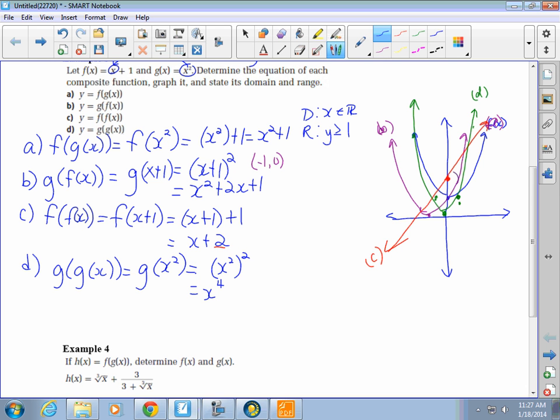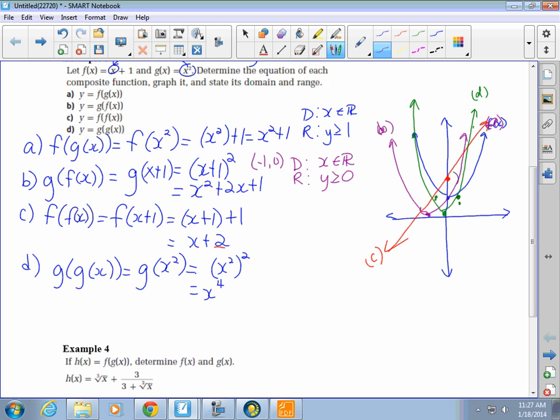For my B graph, which was the purple one, (x plus 1) squared, I can use any value for my domain. So domain is x is an element of real numbers. And for my range, this graph didn't go below 0 on the y, so y is greater than or equal to 0.